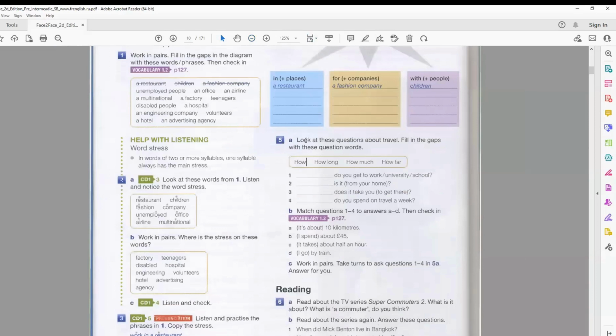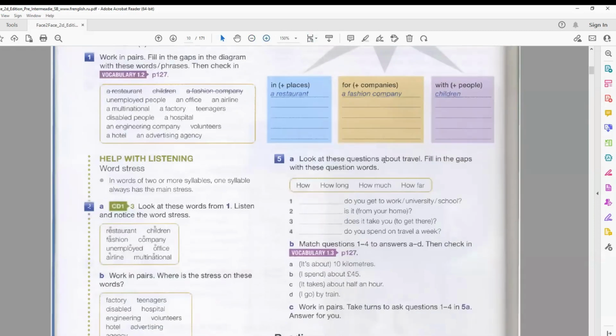So look at these. We're looking at number 5. Look at questions about travel. Remember, we're doing commute. So look at these questions about travel, and I want you to figure out which one of these question words or phrases would we use to make the sentence.